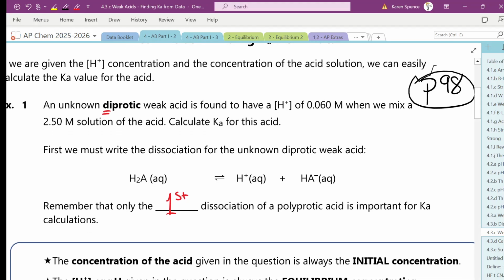And also remember, is this concentration of the acid the initial concentration or the equilibrium concentration? Initial. It's always the initial.